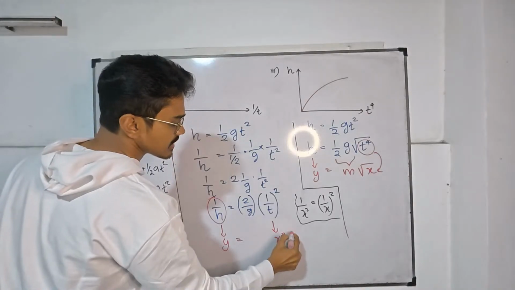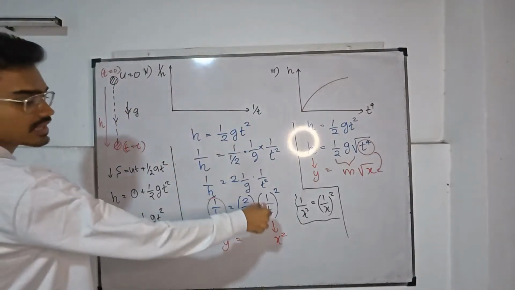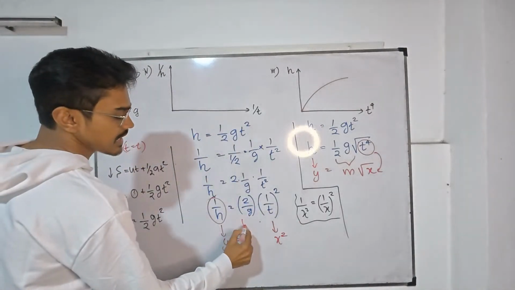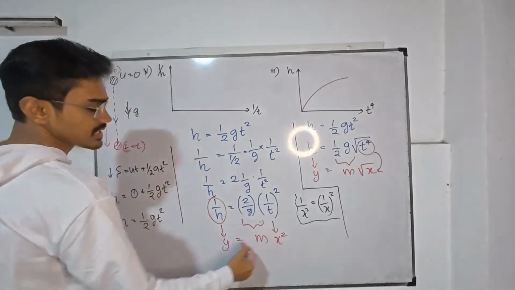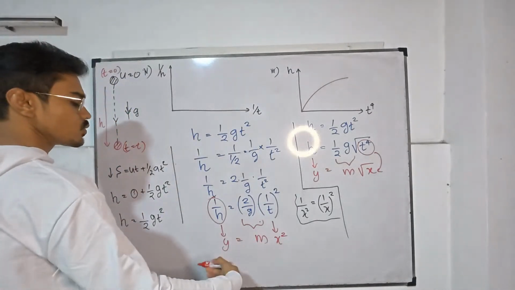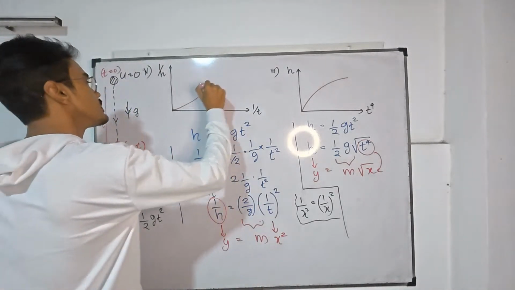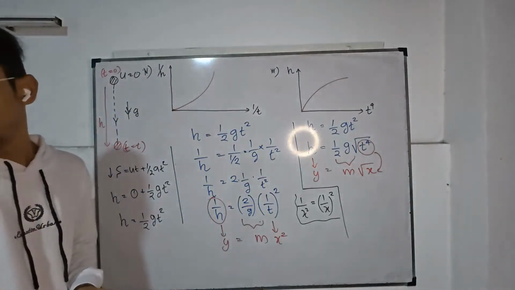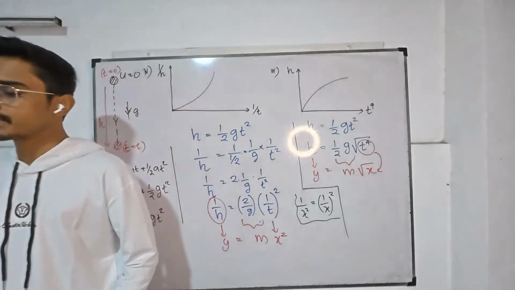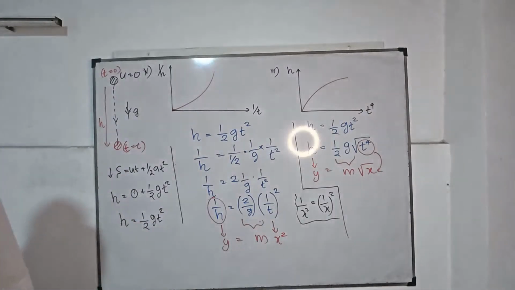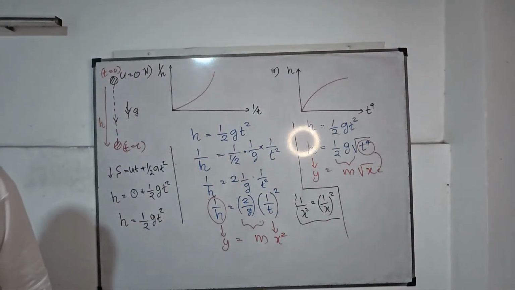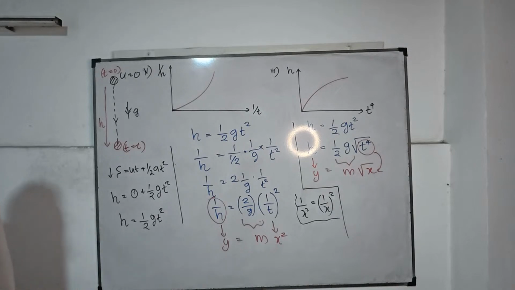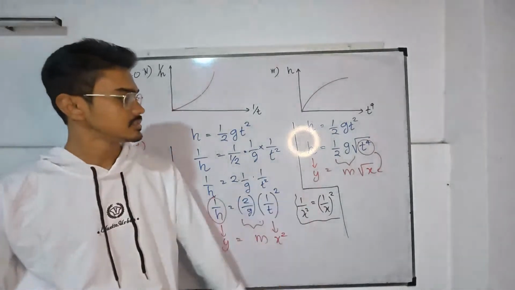So therefore this is x squared, and whatever is the product with the x term is gradient. So the shape is y equals m x squared. A standard shape. Okay. Take it down.